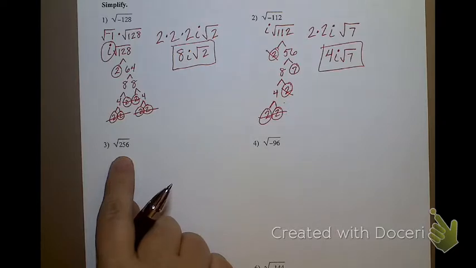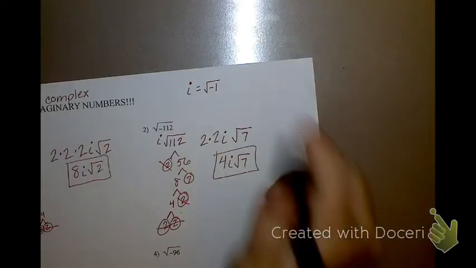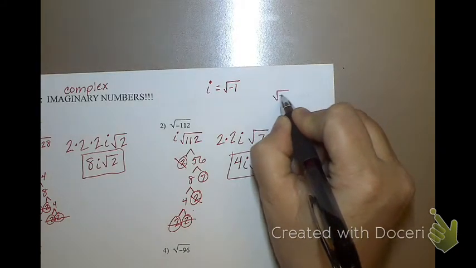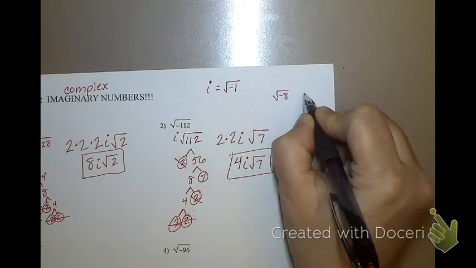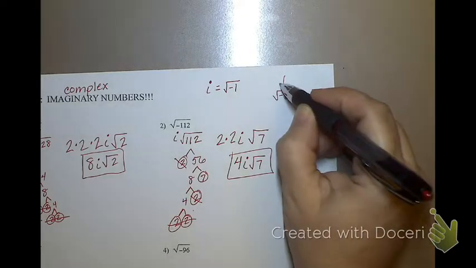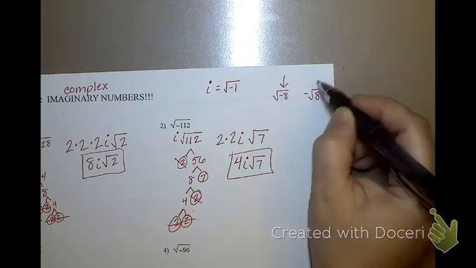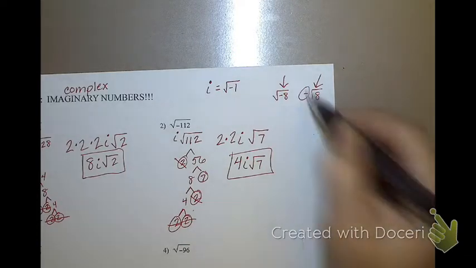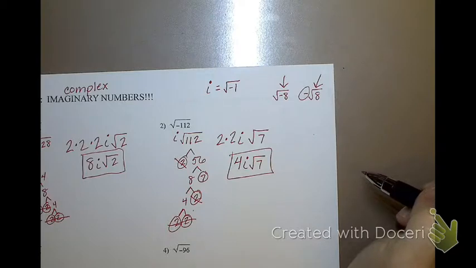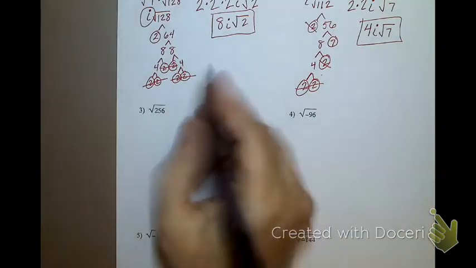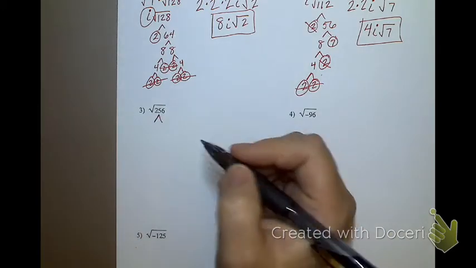Now, do not confuse something like the square root of negative 8 with the negative square root of 8. Because this one has an i, this one doesn't. This one just has a negative sign outside what you're doing. So be aware of that difference. All right, 256, no i to worry about, so let's just divide.